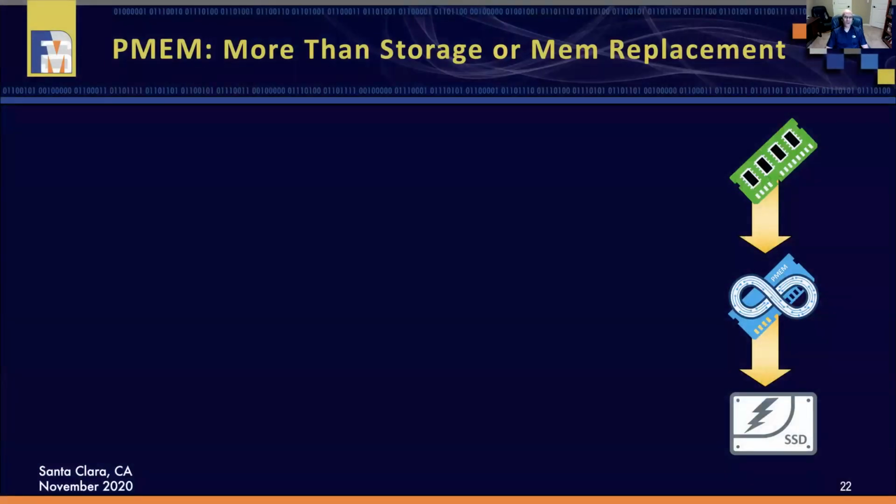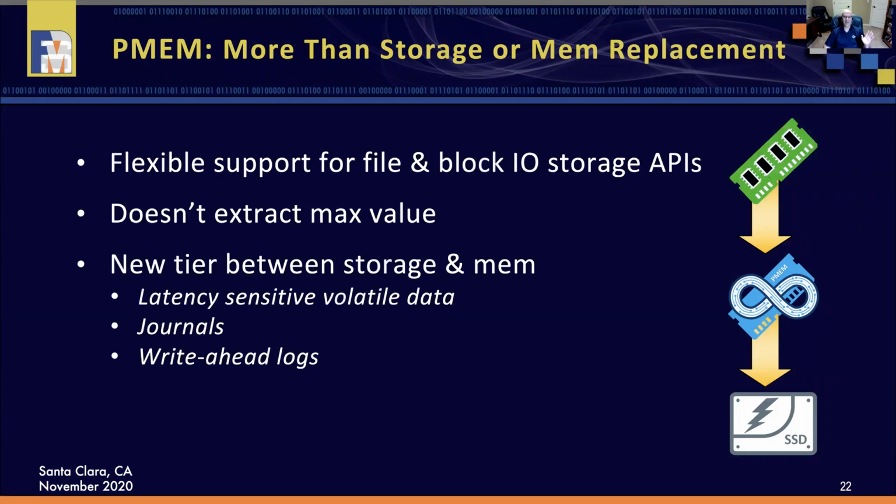It's more than a storage or memory replacement. Yes, I know, it's flexible and fast storage, and all you have to do is support file and block I/O storage APIs. But you're not going to get the most value out of it. In fact, you're only barely scratching the surface.